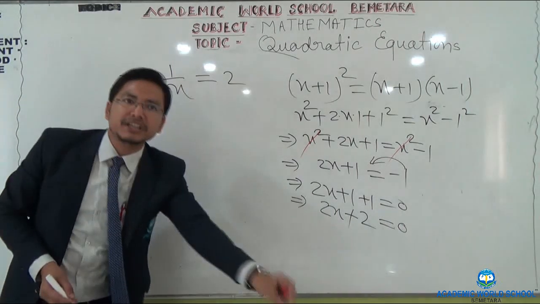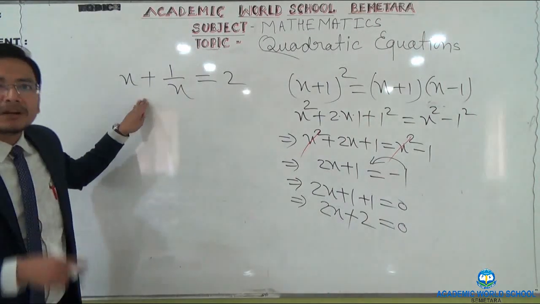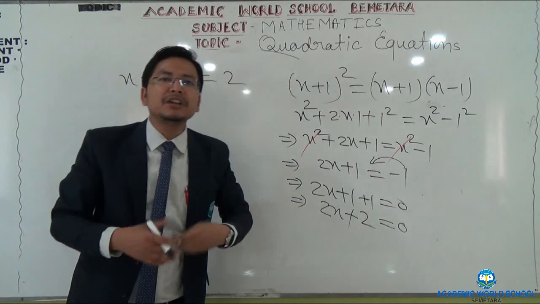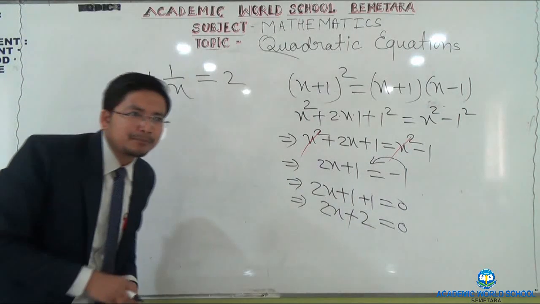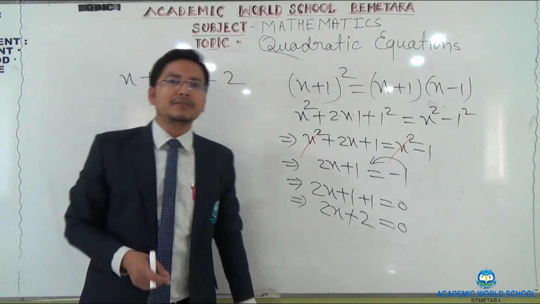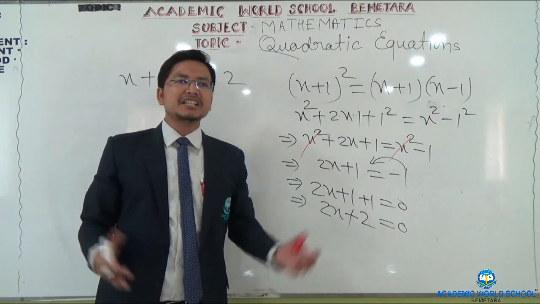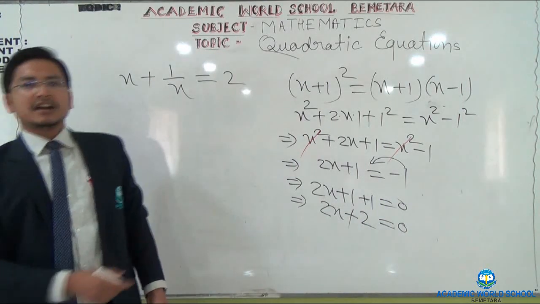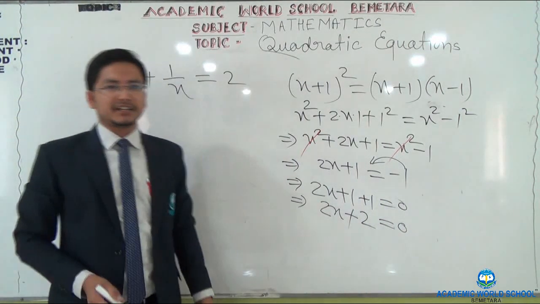Look at this carefully. Now I have to solve this equation and get the simplified form. Once the simplified form is in the form of ax square plus bx plus c, then we can say yes, it is a quadratic. Otherwise it is not a quadratic.